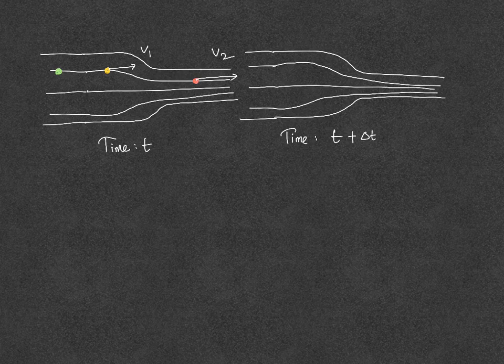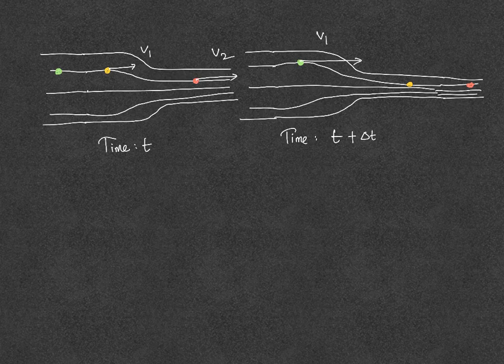Now after time dt, what happens? The yellow fluid particle reaches here and the red fluid particle goes down there. Red fluid particle goes there and the green fluid particle gets here. Now what is the velocity of the green fluid particle now? That's v1.